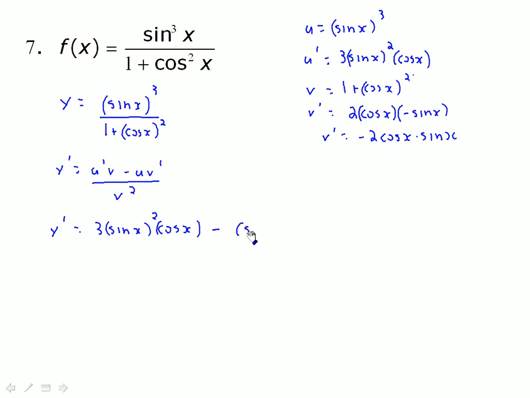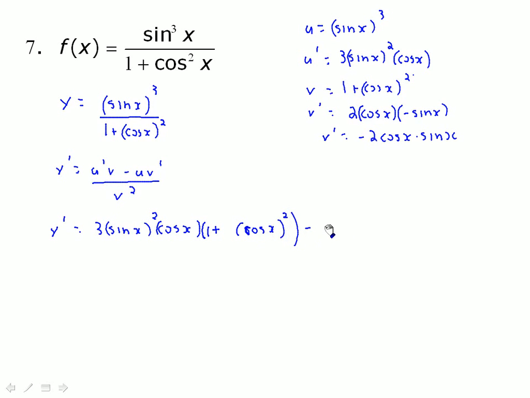Minus u, which is 3 sine squared. See, in all my playing around, I forgot to put this. U prime v, which is 1 plus, I think I can salvage this one, cos x squared. So cos of x all squared. There we go. That's better.